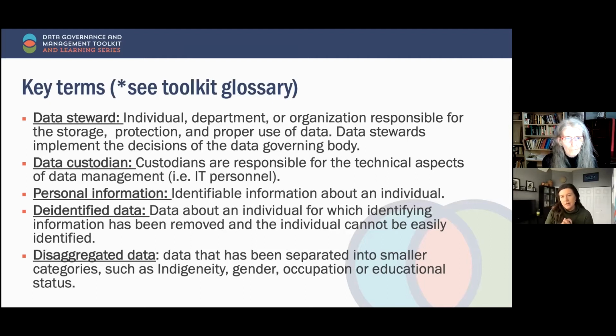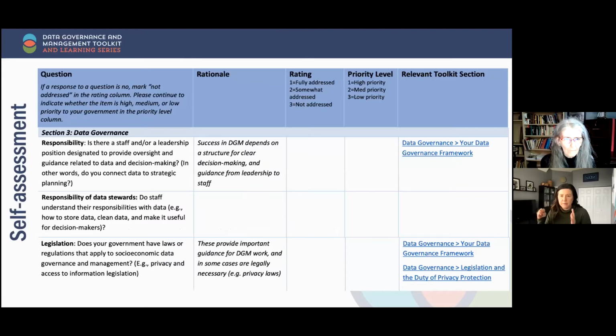Custodian would be responsible for the technical aspects of it, largely, typically IT people. We're going to talk about personal information and anonymized or de-identified information. Personal information is identifiable information about an individual and is subject to significant protections and laws. De-identified data is where that personal information is removed.